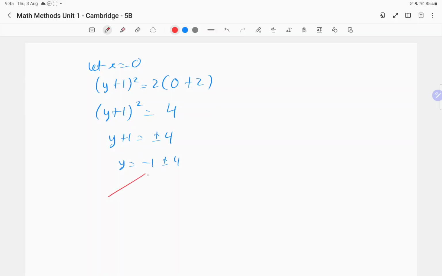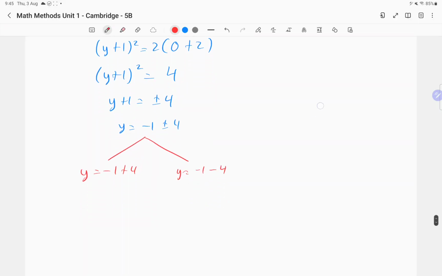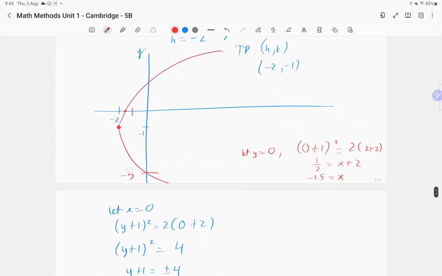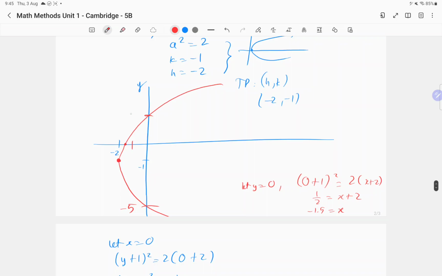To actually get the values, you need to split that up. So y is either minus 1 plus 2 or y is minus 1 minus 2. Okay, so then I'll get y equals positive 1 or y equals negative 3. Alright, so these are the two values. So y is negative 3 here, that would be the first y-intercept, and then positive 1 would be the other y-intercept.